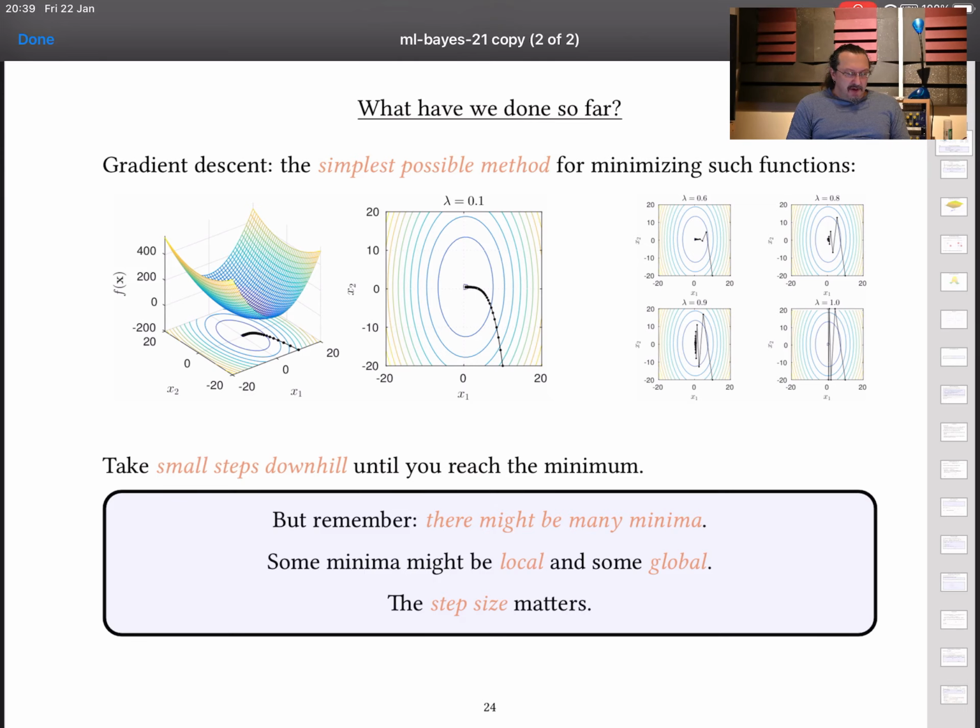Here I'm trying to minimise f of x, and I'm doing it using gradient descent. And here, if I use a carefully chosen value for the step size, I can see that starting from a random point, I make nice smooth progress down to the pair x1, x2 that minimises f of x1 and x2.